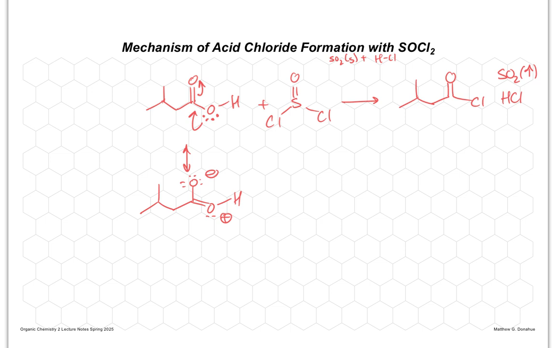So we have one oxygen minus, the other one's plus because it's still bonded to the H. So that can be our nucleophilic oxygen, which will attack the sulfur.